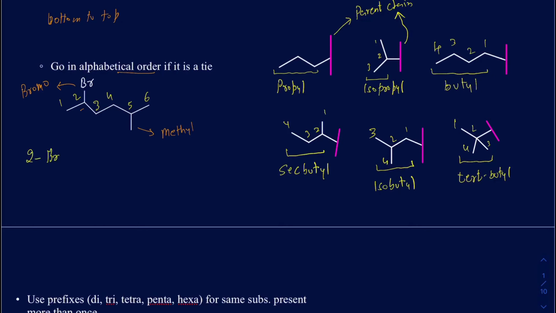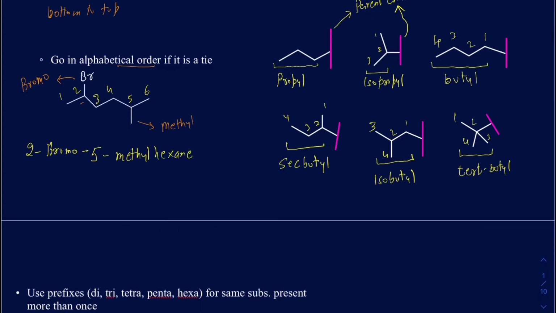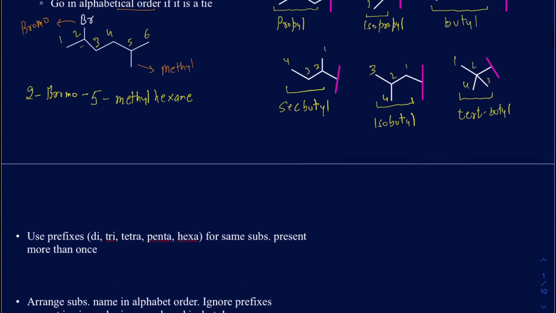So it's going to be 2-bromo, dash, and then your second substituent is the methyl here, and you want to make sure you specify the position of the methyl on that chain. It's attached to the 5th carbon, so it's going to be 5-methyl. And then your parent chain is 6 carbons long. So what's going to be the suffix for 6 carbons? Well, it's going to be hexane. So it's going to be 2-bromo-5-methylhexane. That's how you're going to be naming this.